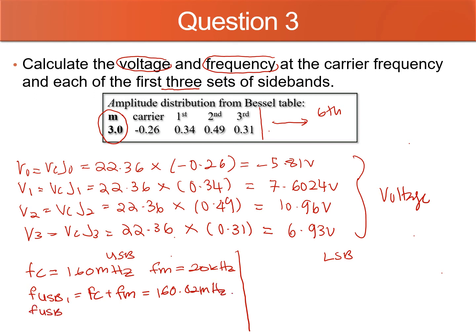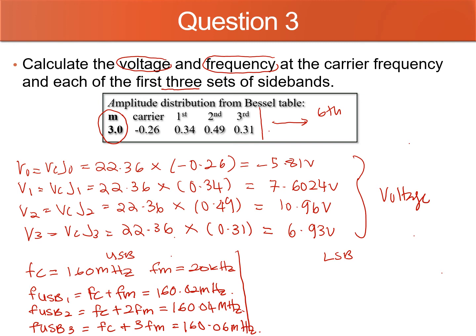Next, fUSB2 is equal to fc plus 2fm, which is 160.04 megahertz. Last, fUSB3 is equal to fc plus 3fm, which is 160.06 megahertz.